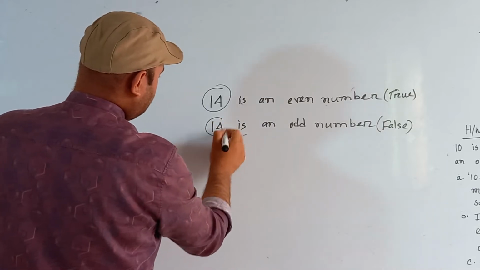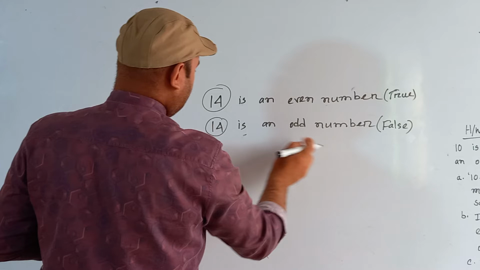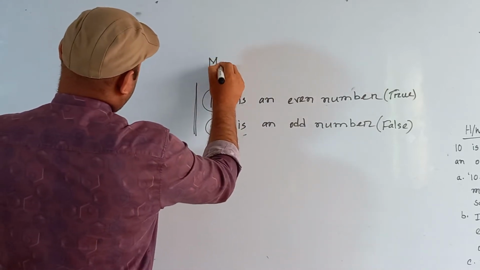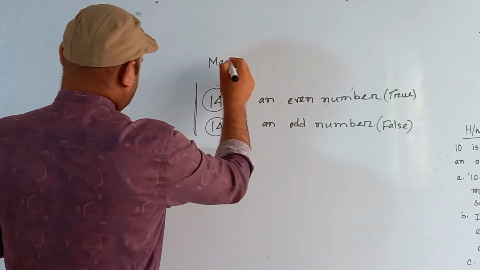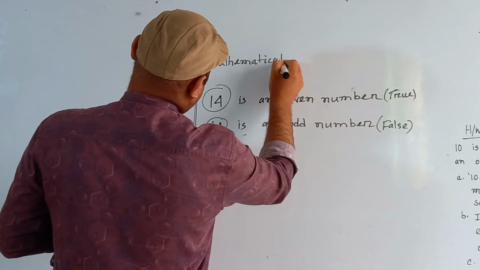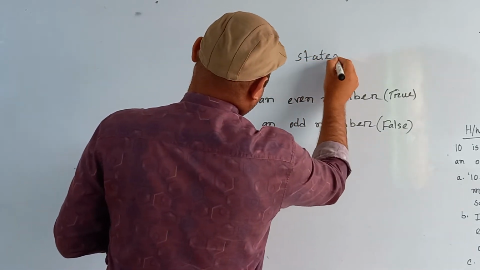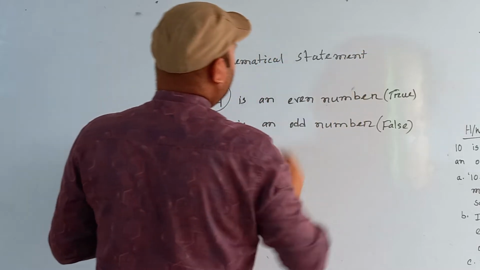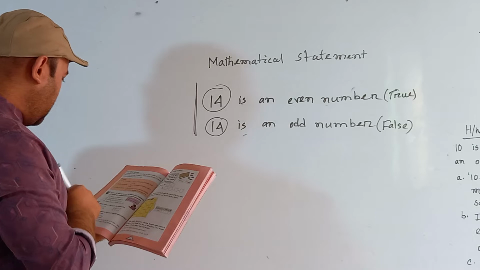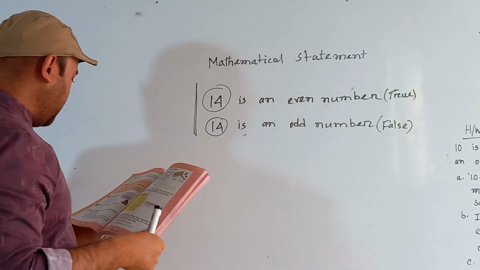But if I write 14 is an odd number, this is false, and we know that. So this type of sentence is called mathematical statement or closed sentence.